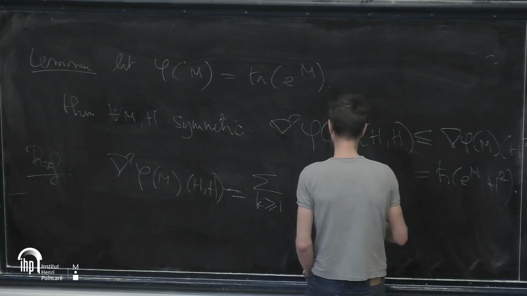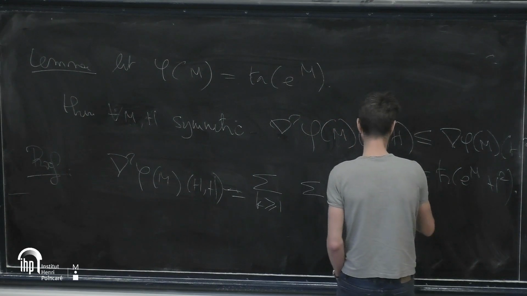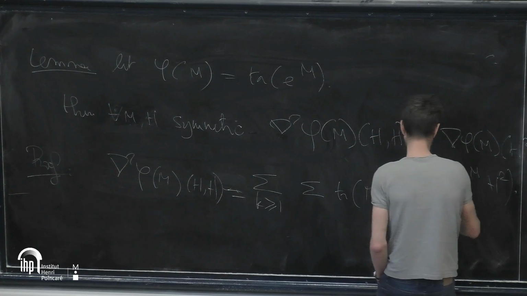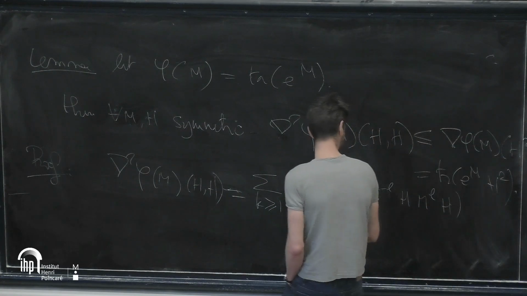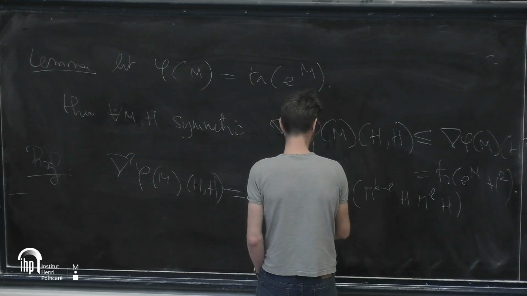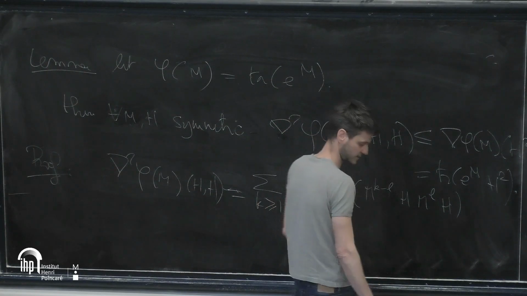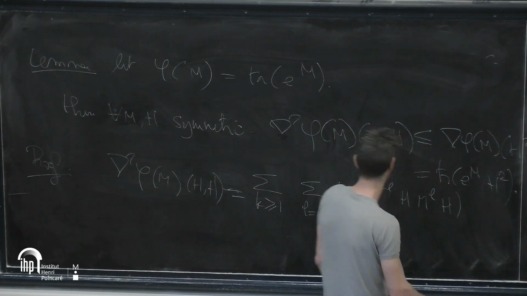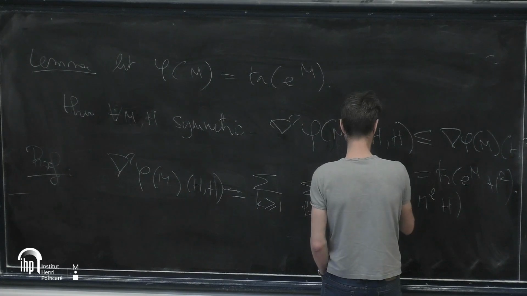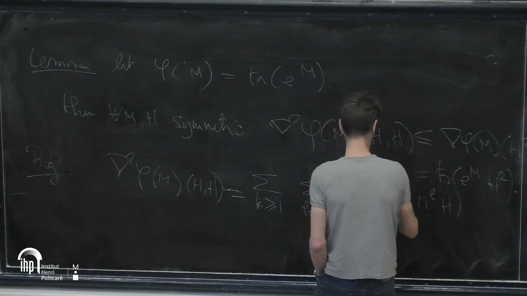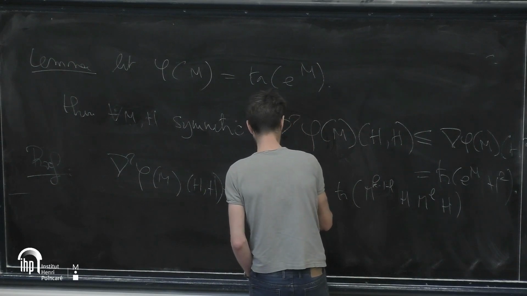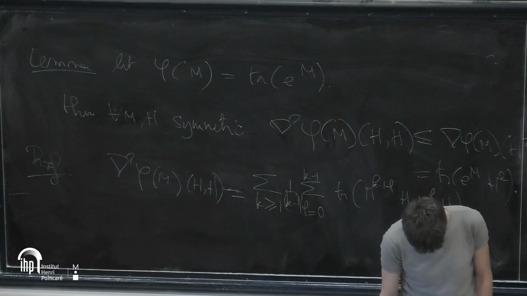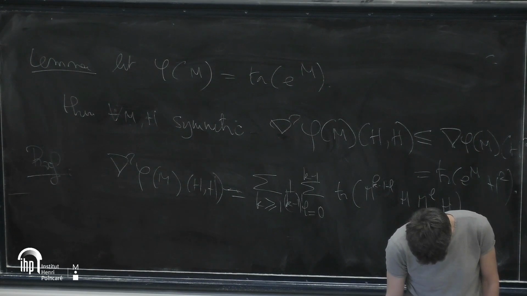Trace, so there will be something like the sum over k and l of trace of M to the l H M to the k minus 1 minus l H. Okay, I wrote this formula in my notes, I hope it's correct.